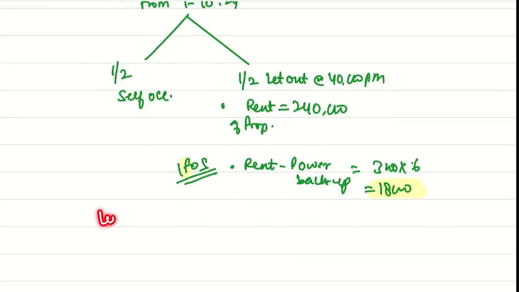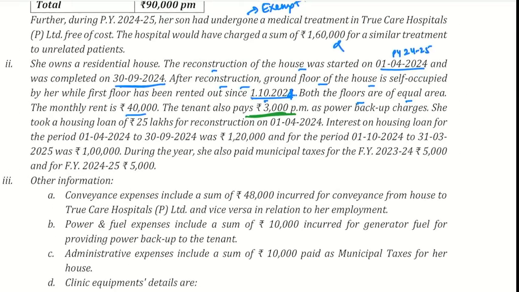Now, loan is taken of rupees 25 lakh on 1st of April 24, for reconstruction.